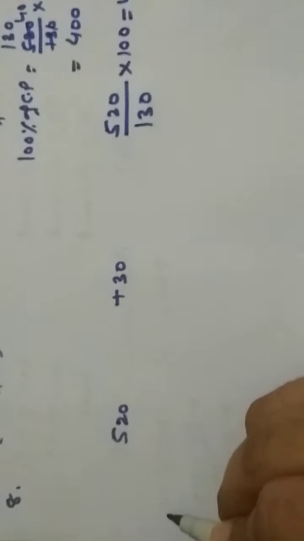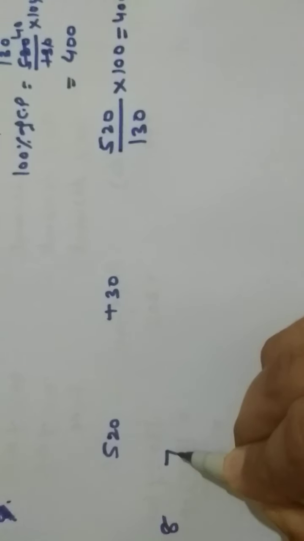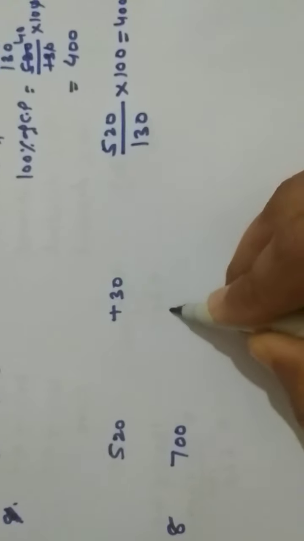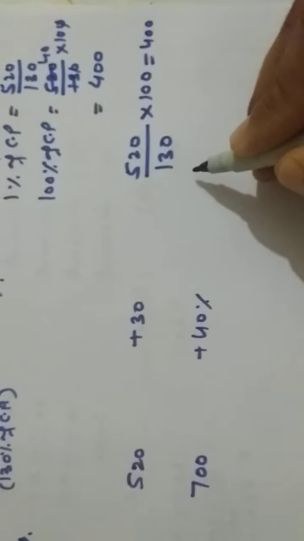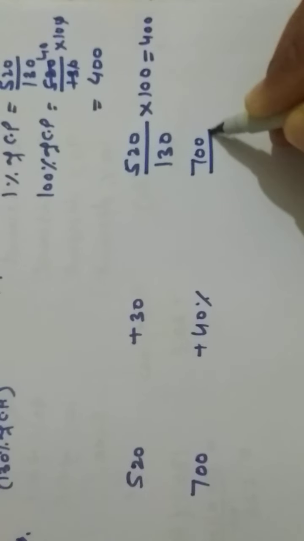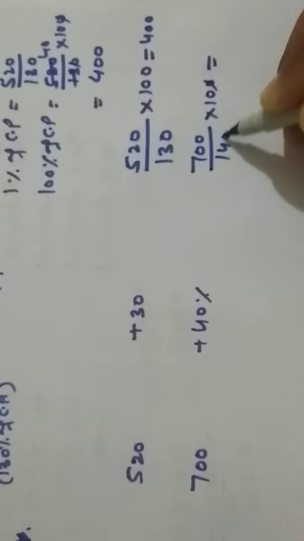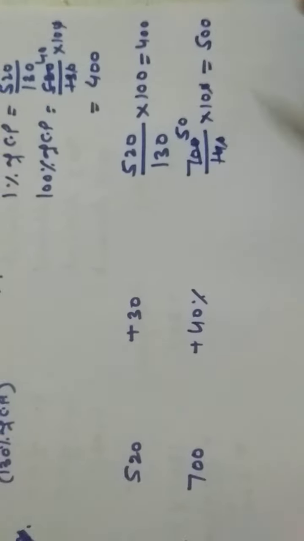Now let us take another example. Selling price is 700, profit is 40%, so we have to find cost price. So 700 divided by 140 into 100, the 0 and 0 cancel, 14 5s are 500 rupees.